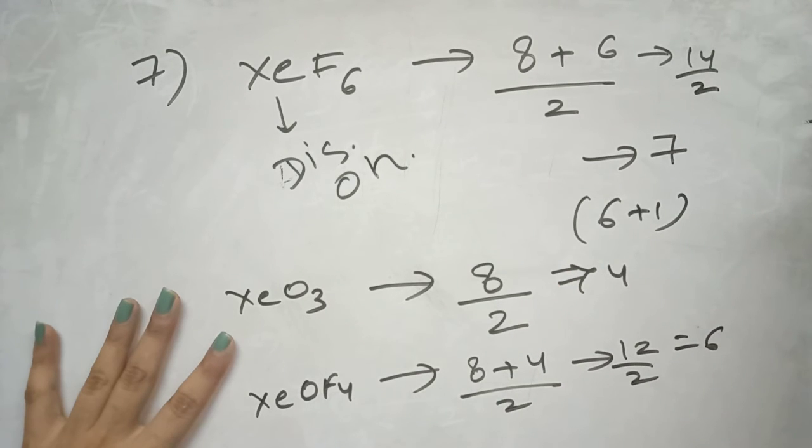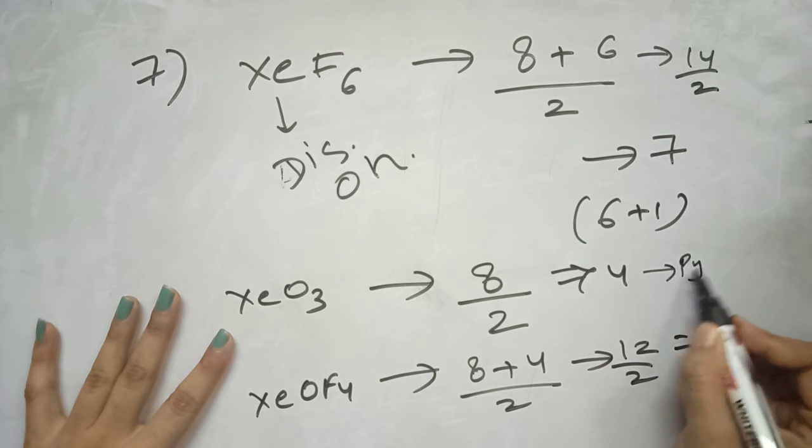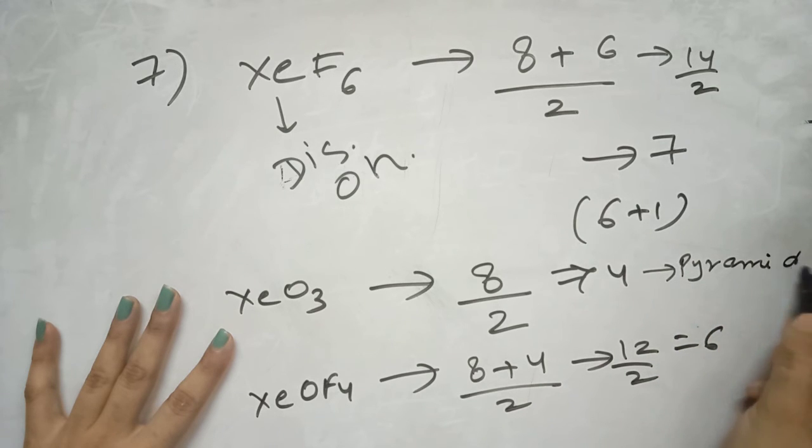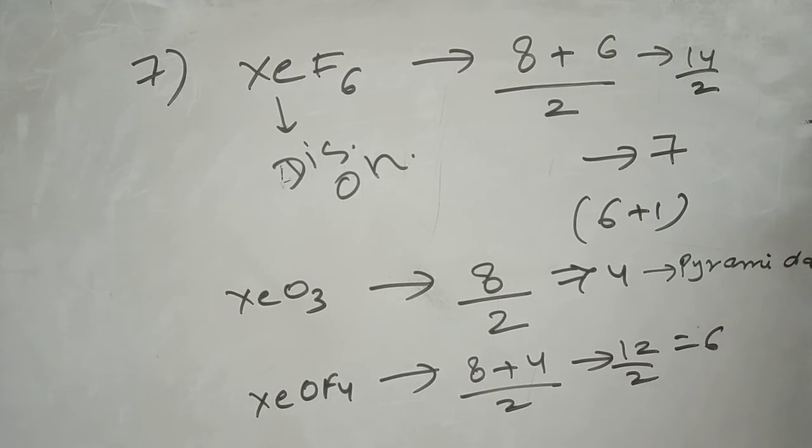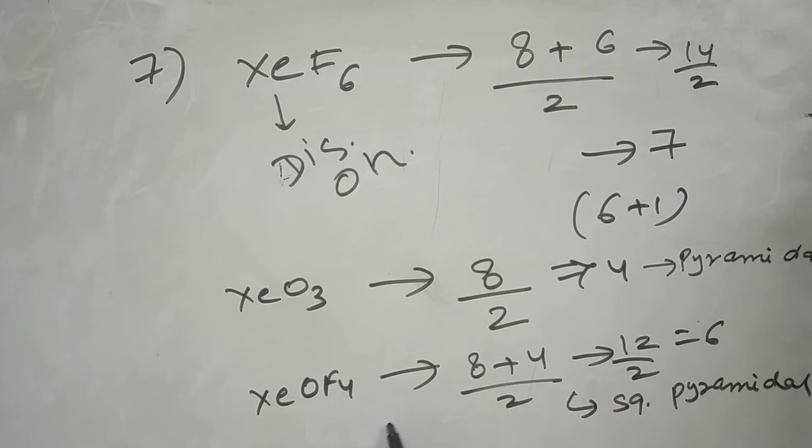For XeO3 the structure will be pyramidal. For XeOF4 it will be square pyramidal. How square pyramidal? Because this will be 5 plus 1. 4 plus 1 is 5, and one lone pair, so it will be square pyramidal.